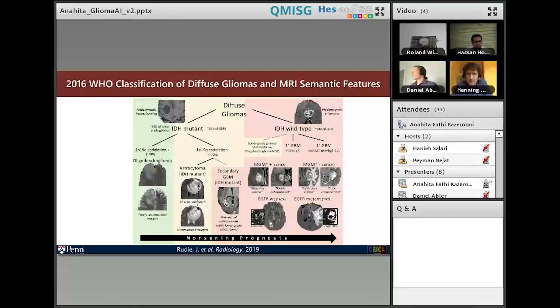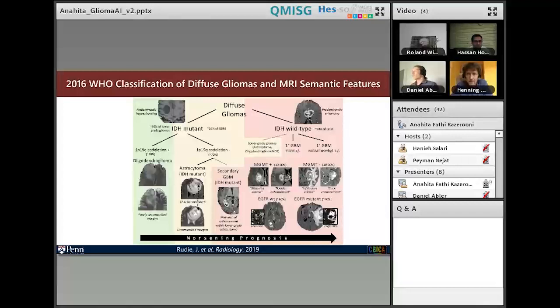If a patient has an IDH mutation, it should be further tested for 1p19q co-deletion to determine whether it's an oligodendroglioma or an astrocytoma. On radiology, diffuse gliomas also have a phenotype.